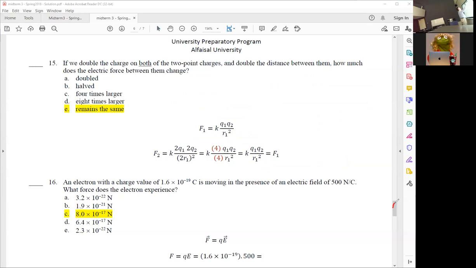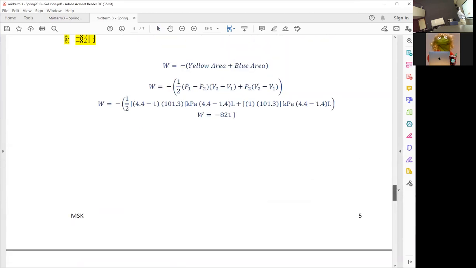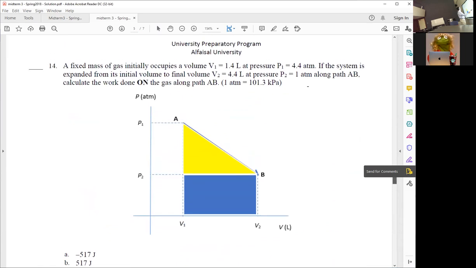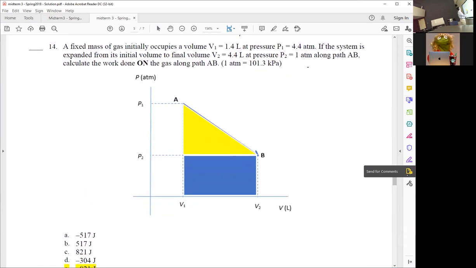Now going backward to question 14. Now I'm going back to chapter 9. So we're done with questions related to chapter 16. We're going back to questions related to chapter 9. Now, the question is asking you for this.